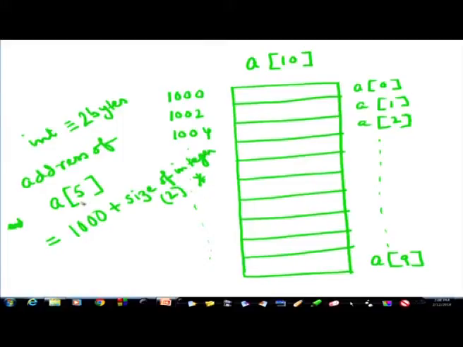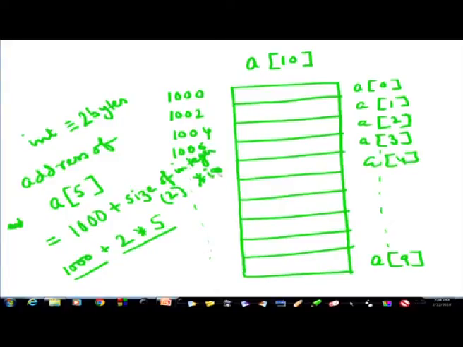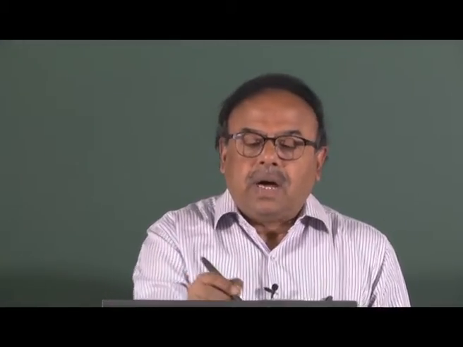So, it is the size of the integer times I. So, it will be 1000 plus 2 times 5, 1010. So, A0, A1, A3 will be 1006, A4 will be 1008 and A5 will be 1010. Since it is contiguous, it is sufficient for me to know the starting address of the array.